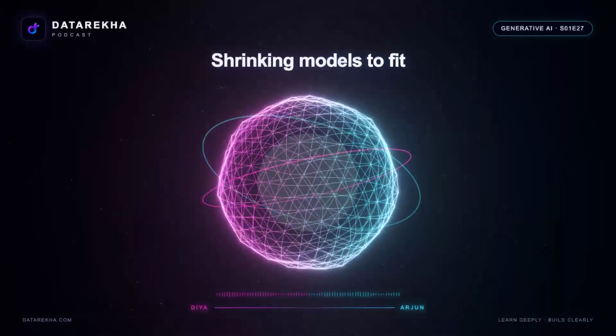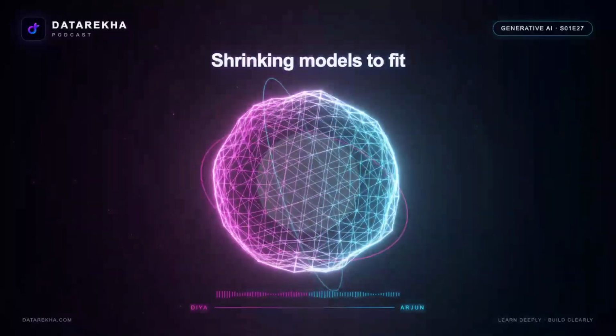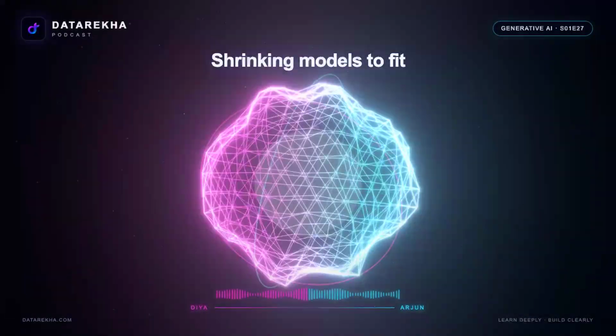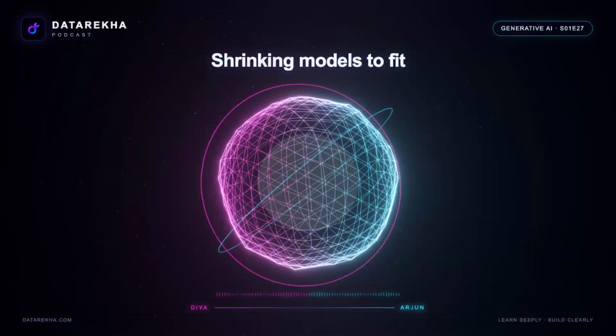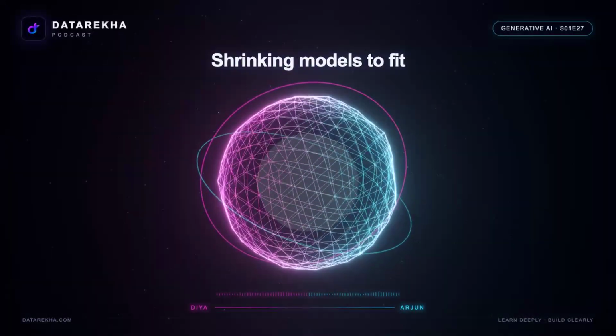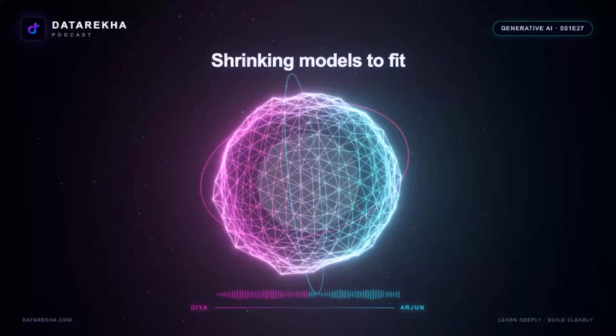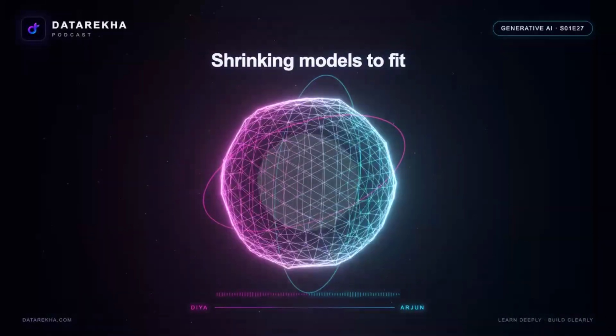Why won't it fit? It's pure arithmetic, and the beauty is you can do it in your head. Every weight in a neural network is a number, and the question is how many bits you spend storing each one. The default training format is FP32, 32 bits, 4 bytes per weight.